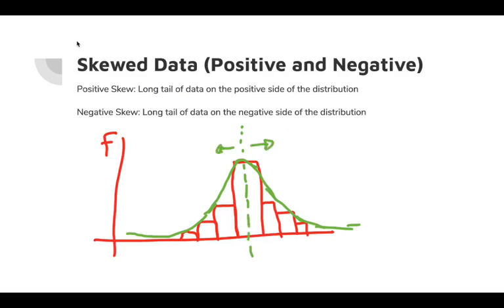I haven't drawn it perfectly, but you can tell that there is a bit of symmetry there. The data to the right of the center is essentially the same as the data to the left, right? So this is going to be a normal or bell curve. There's symmetry in your data.